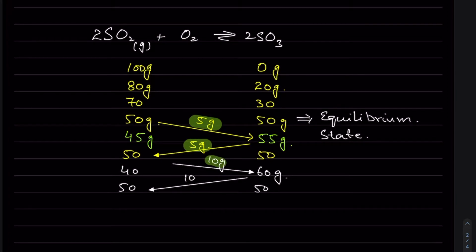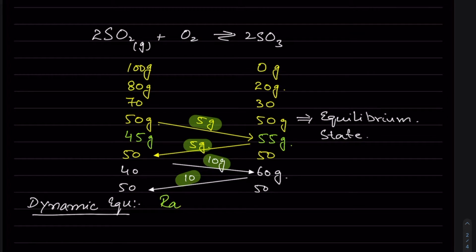And if 10 grams are moving forward, then the same amount of product will decompose. So this point is known as dynamic equilibrium. What is dynamic equilibrium? In dynamic equilibrium, the rate of forward reaction is equal to the rate of backward reaction.